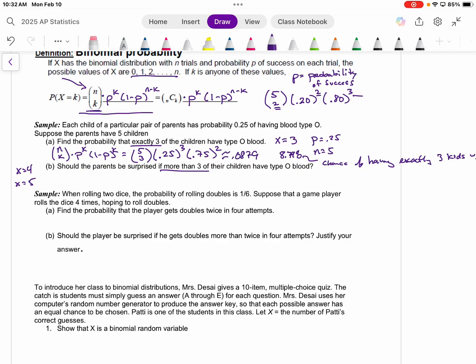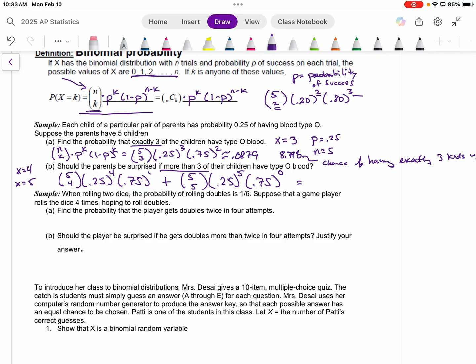So I basically need to do this with 4 kids first: 5 choose 4, 0.25 to the fourth power, 0.75 to the first power. And then I need to add to that all 5 of them, so 5 choose 5, 0.25 to the fifth, 0.75 to the 0 power. So I have to add those 2 probabilities together.